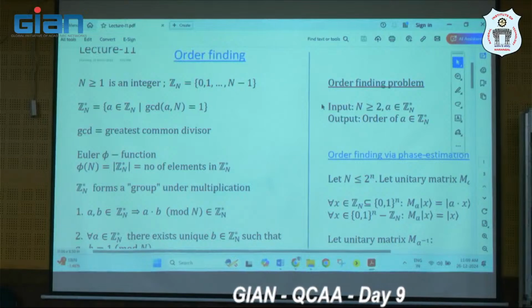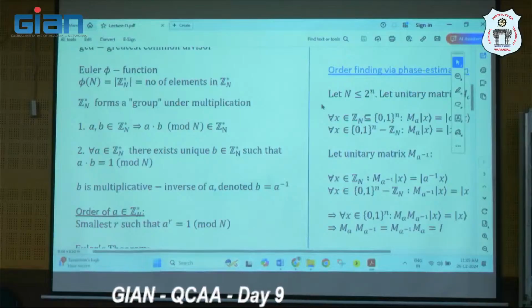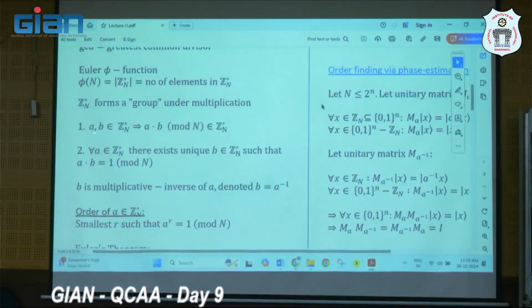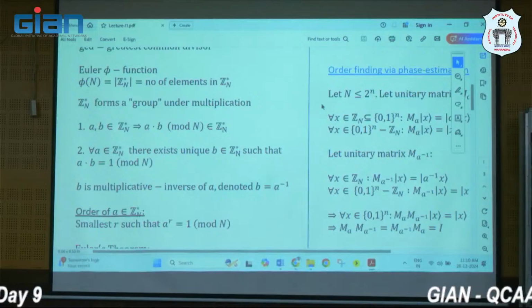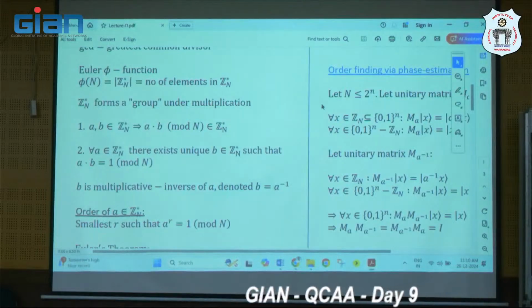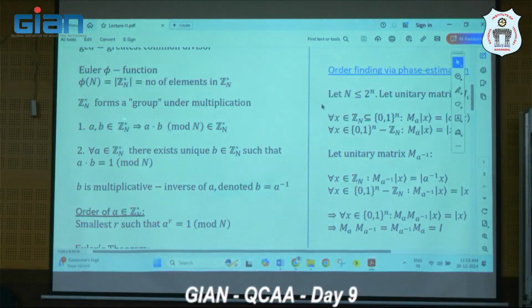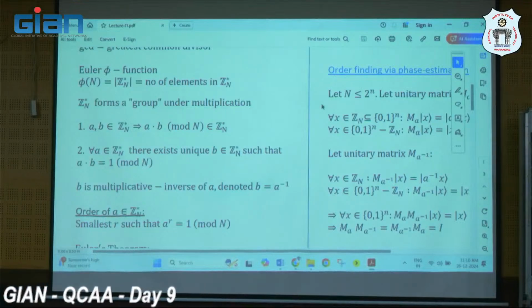So what we have to have is, if A and B are in Z star n, then A times B, now remember, we will always go mod n, A times B mod n is in Z star n. Agreed? If A and B are in Z star n, then A times B, it is group under multiplication, A times B is also in Z star n.